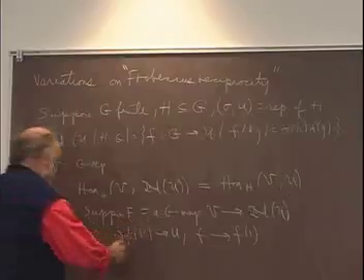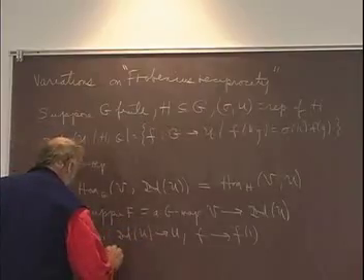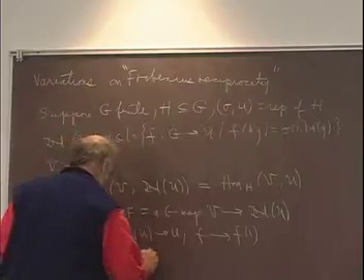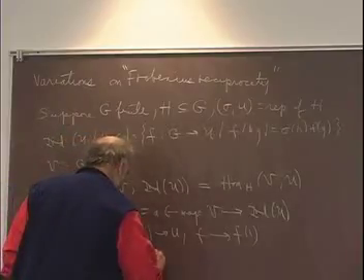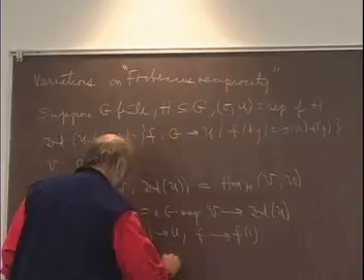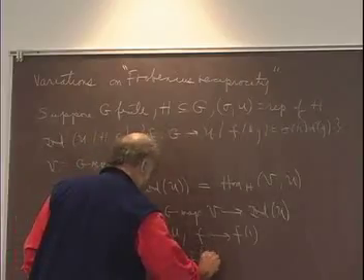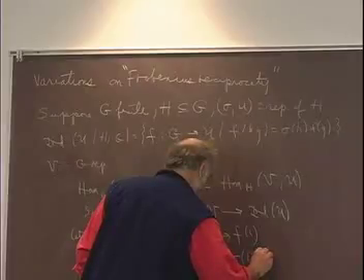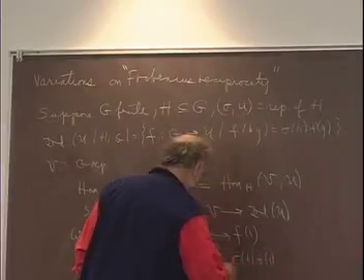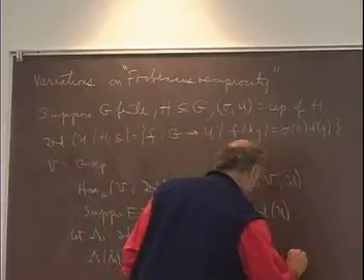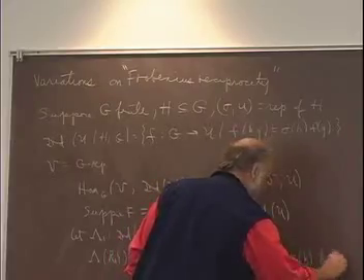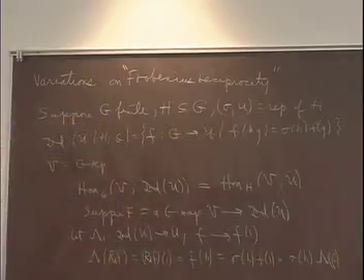And now, if I look at RH of F, this is equal to RH of F of 1, and that's equal to F of H, and that's equal to sigma H F of 1 by the definition of induced, and that's equal to sigma H lambda F. Okay.